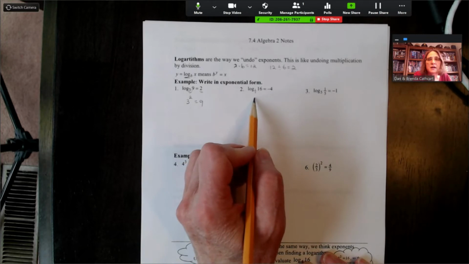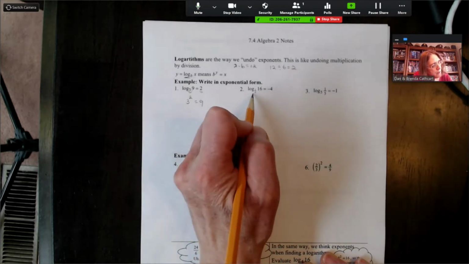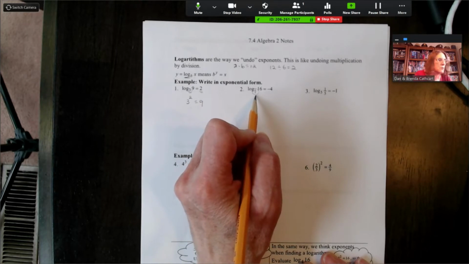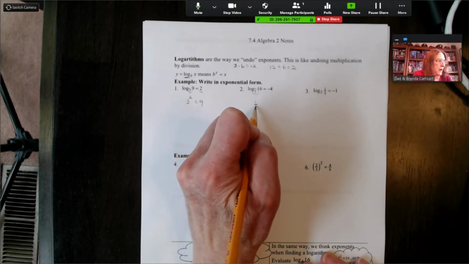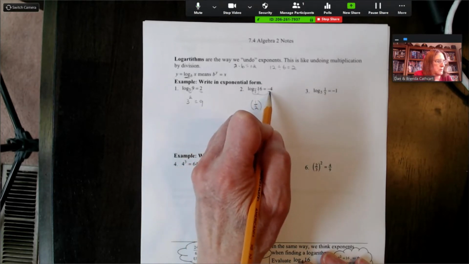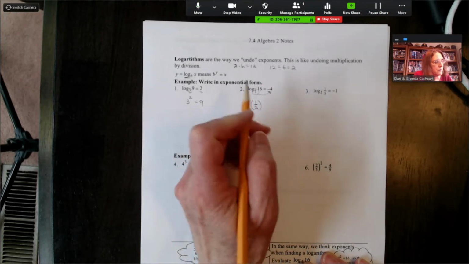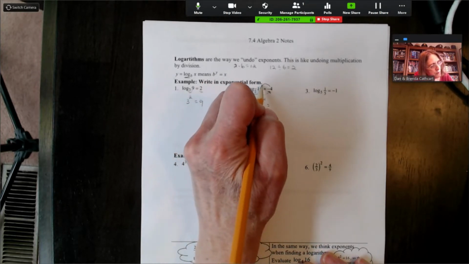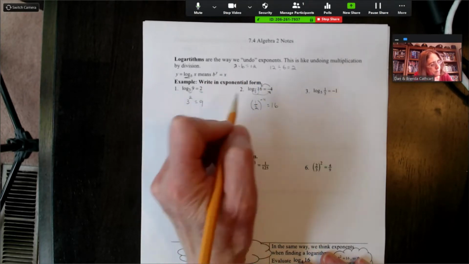Let's take a look at our next example. This one, the number written as a subscript is our base. So the base is going to be 1/2. That whole base of 1/2 is going to be raised to this power of -4, and that's going to equal 16.